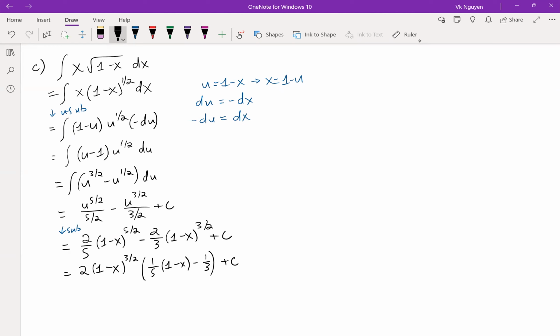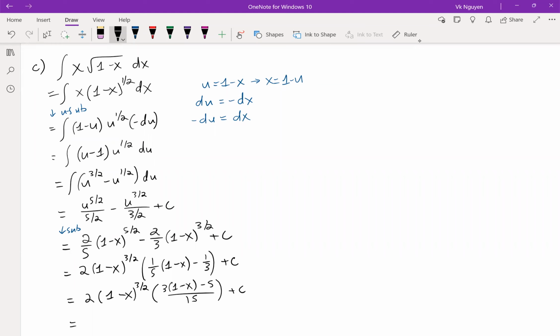Simplify this, we're going to have (1 minus x) to the 3 over 2 and we would have 3 times (1 minus x) minus 5 over 15 plus c.